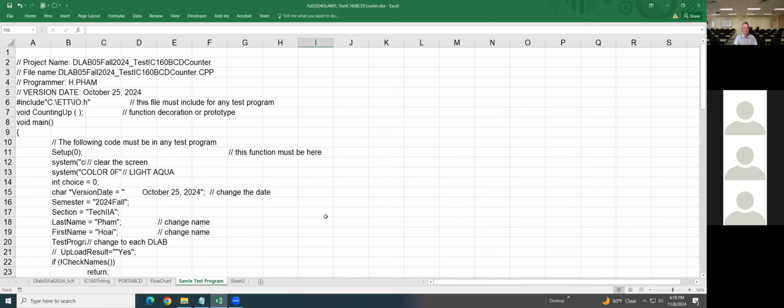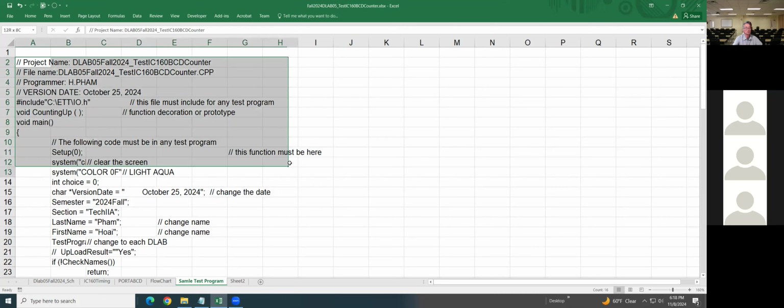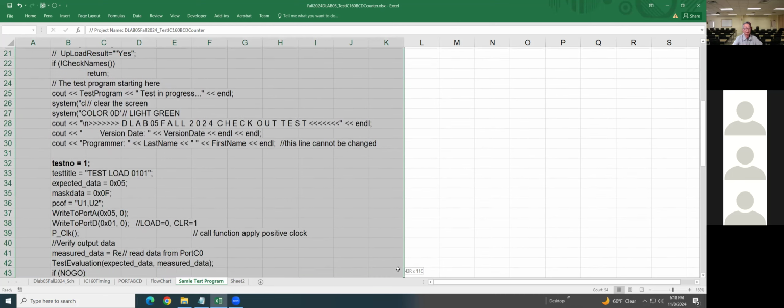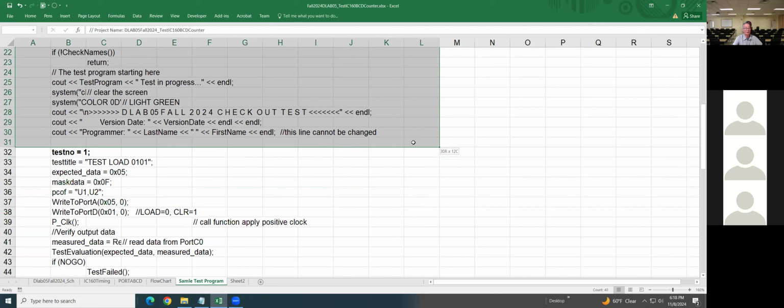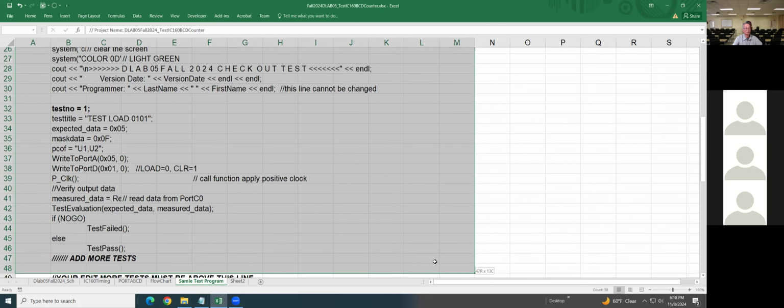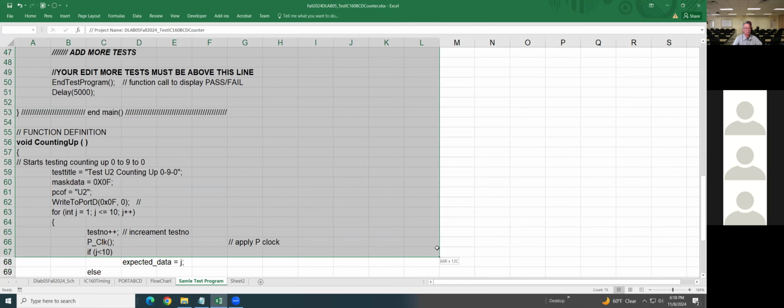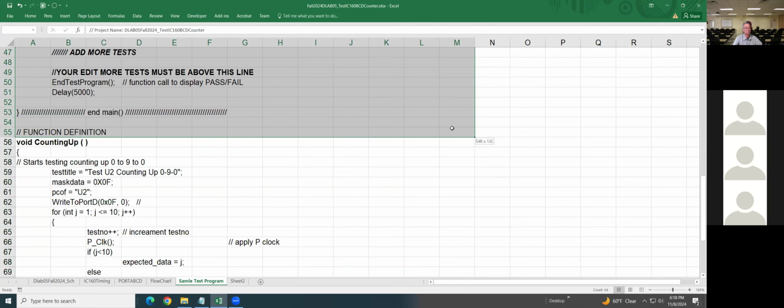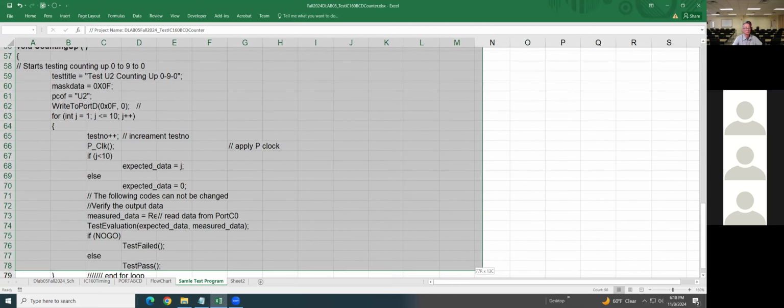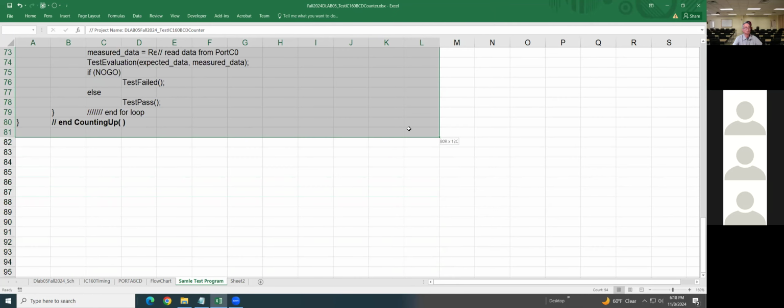Then you copy this file. Control C. You copy.